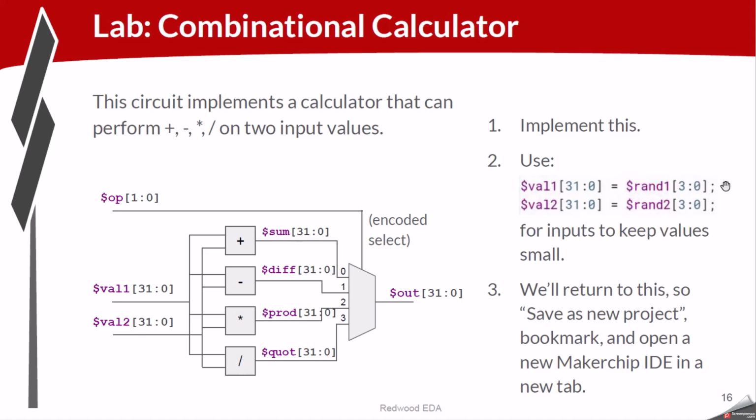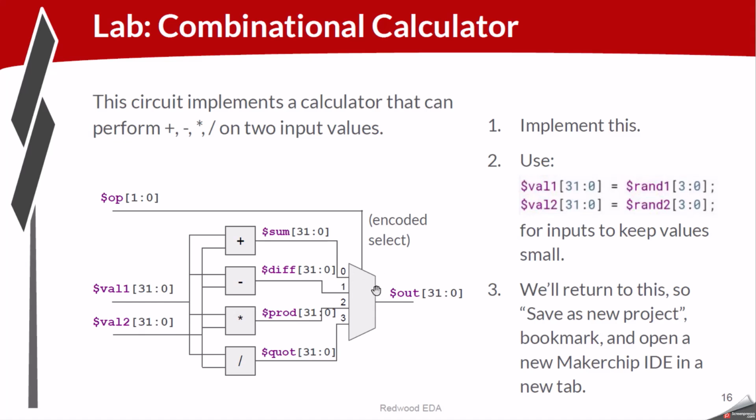And what MakerChip does, I think I mentioned this earlier in one of the labs, is if you have a signal that's not assigned, the MakerChip environment will just make up a value for that input. Here, we could have not bothered with these expressions and just let MakerChip come up with a value for val1 and val2, perfectly fine.